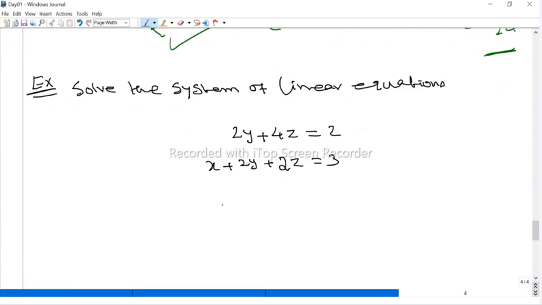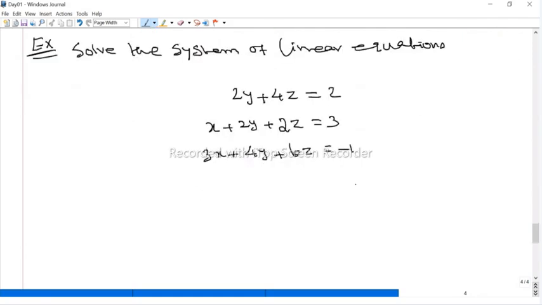And the third equation is 3x plus 4y plus 6z equal to -1. Now this is a system of equations. We have to find x, y, z satisfying all the equations simultaneously. That is our aim. So first we have to write this system of equations as a matrix equation.